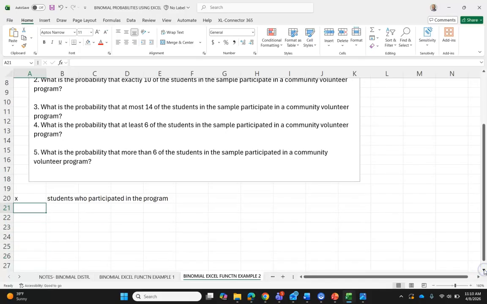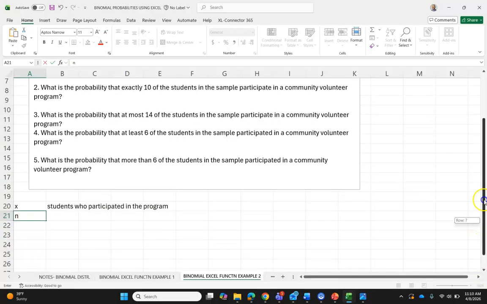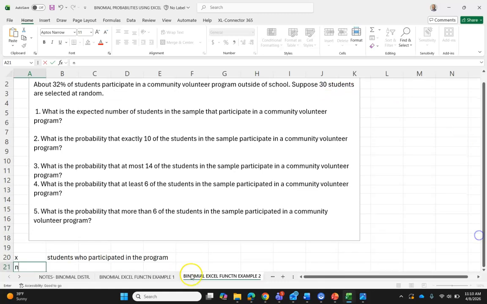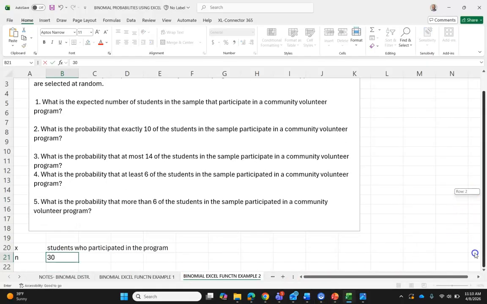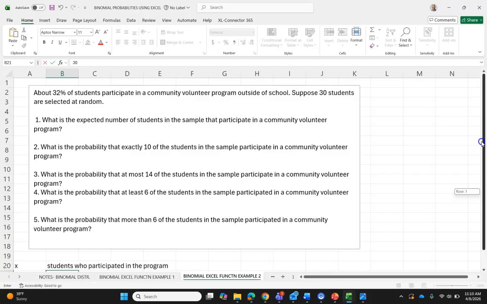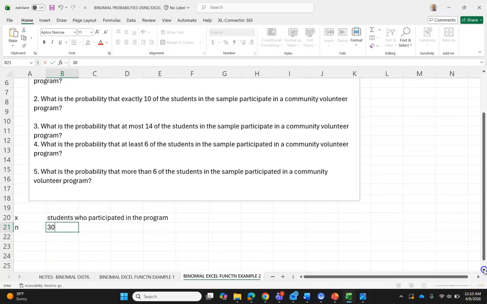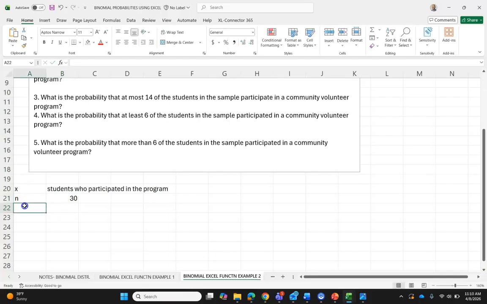And then let's look at N. What is the number of trials? The number of trials is 30 students, and therefore here we're going to write 30 students. And then probability of success, which is 30%.